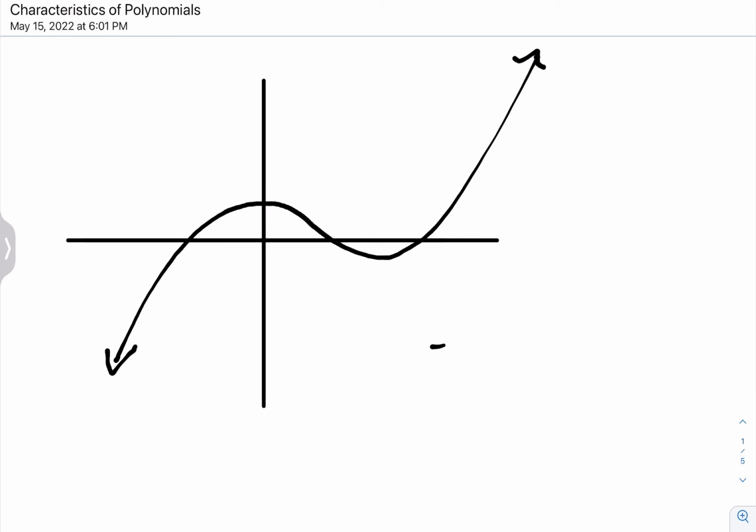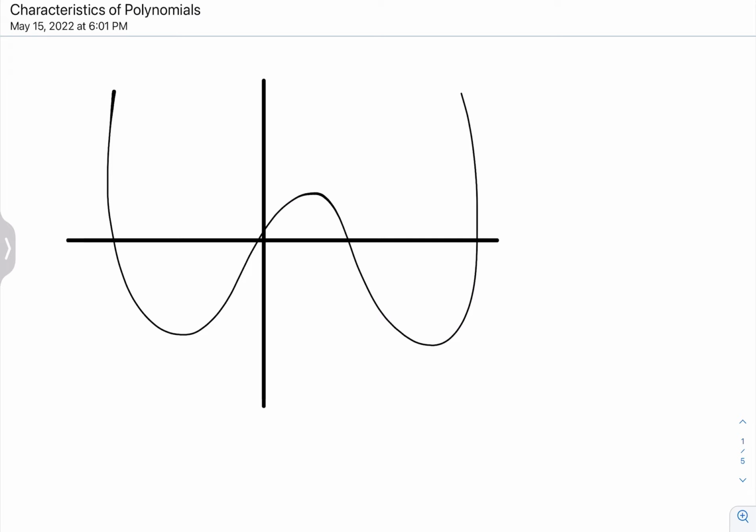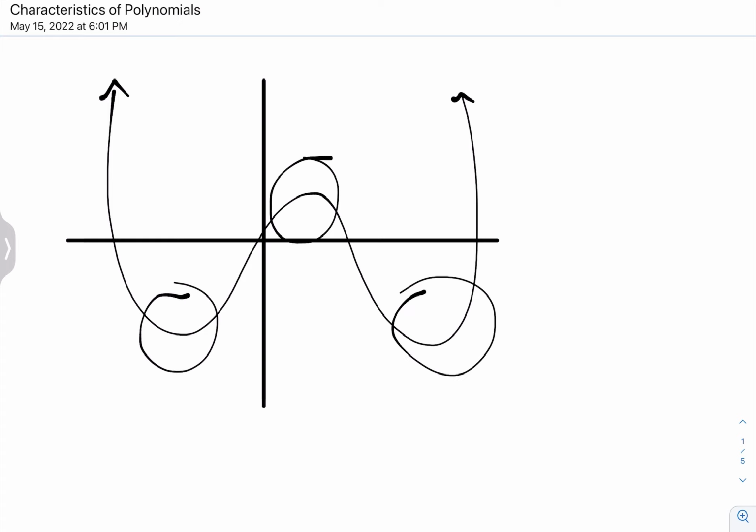Okay, let's do another example here. Let's say we have a function that looks kind of like a W, like this. So it's kind of like a quadratic, except it has 2 more turns. It still ends up in the top left and the top right. So there's going to be 1 turn here, 1 turn here, and 1 turn here. So there's 3 turns in total, right?